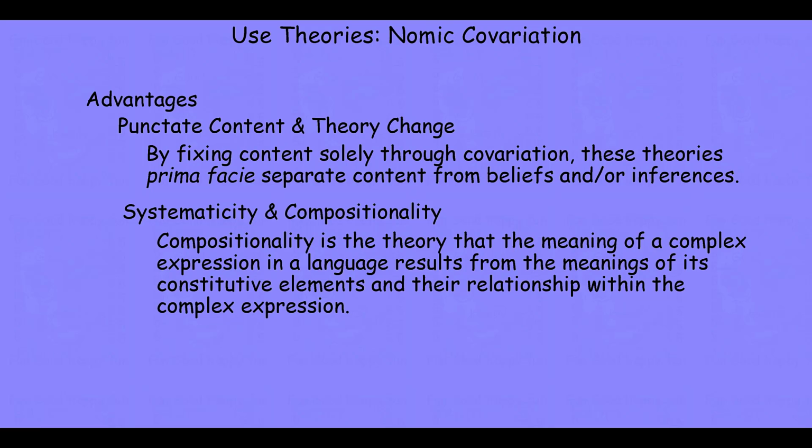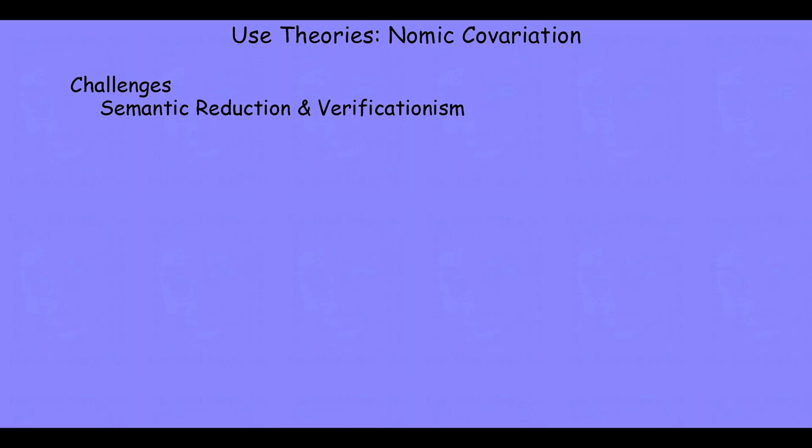So far, it seems as though a strong case can be made in favor of gnomic covariation as a theory of mental representation. However, there are many challenges that detractors of gnomic covariation will point to that seem to pose serious difficulties for the theory. The first example of that might be the notion of semantic reduction or verificationism.